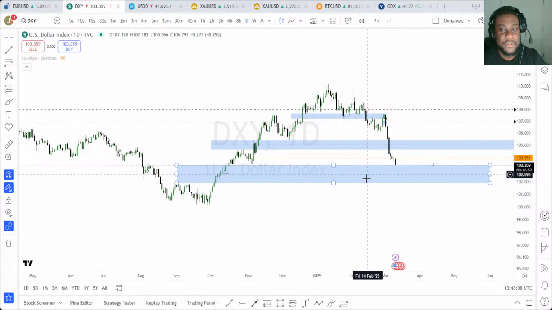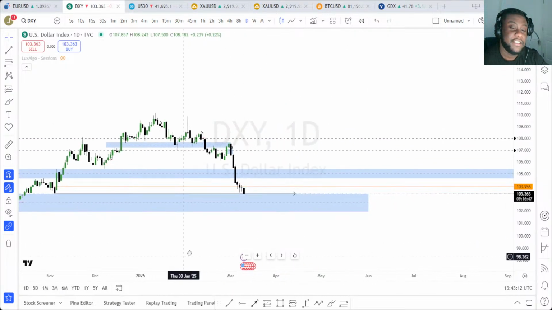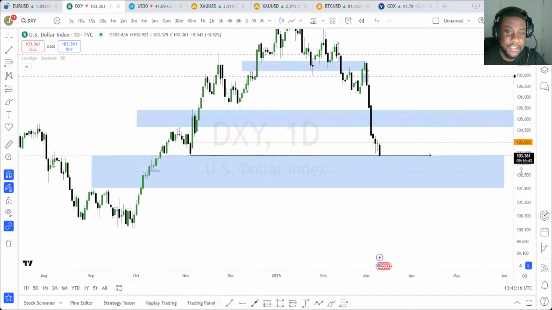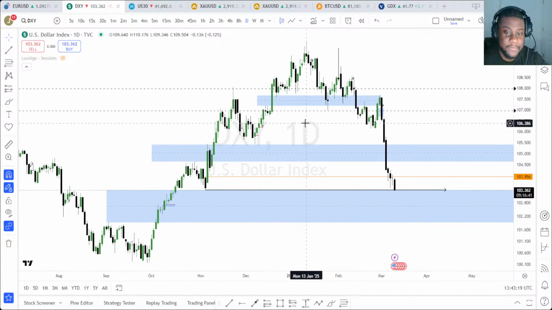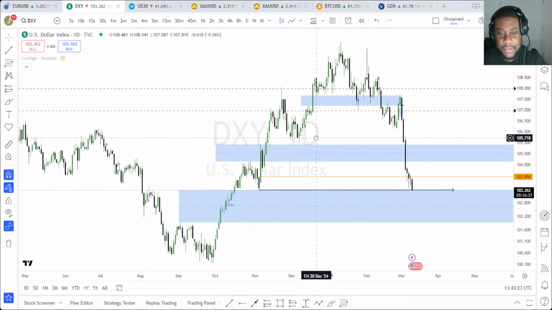And something for you guys to understand is in Canada, Ontario, they've just introduced a 25% tariff on electricity for America. This is more than likely just gonna keep bringing the dollar down. Okay, more than likely gonna keep bringing the dollar down.